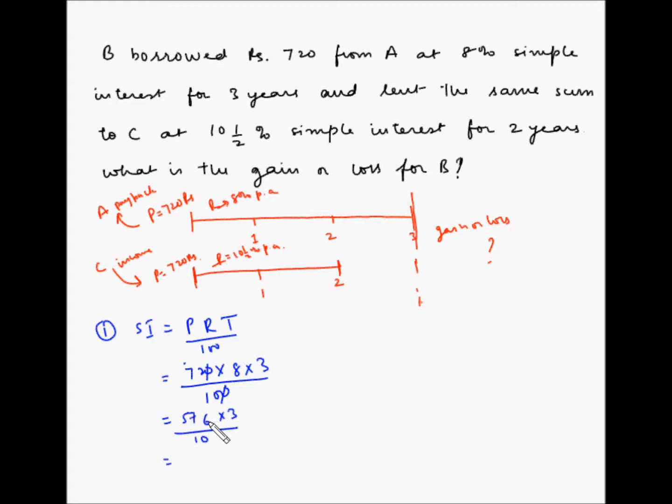And this is equal to 6 3s are 18, 1 carry over, 7 3s are 21 plus 1 is 22, 5 3s are 15, 16 and 17, and then this divided by 10, so 1 decimal, so 172.8 rupees. So this is the amount that B is going to pay back to A.